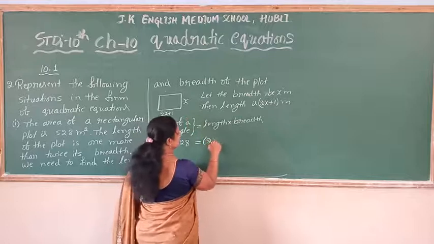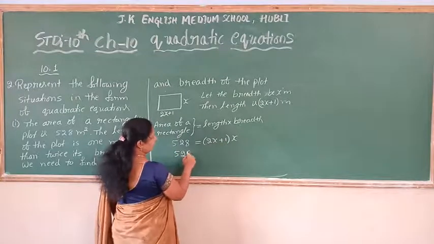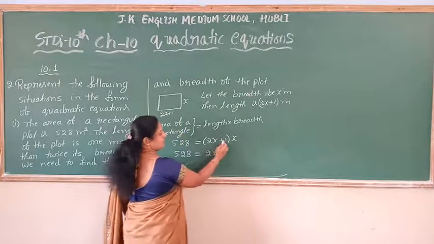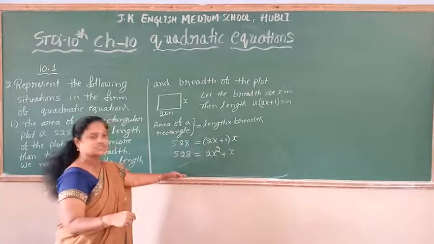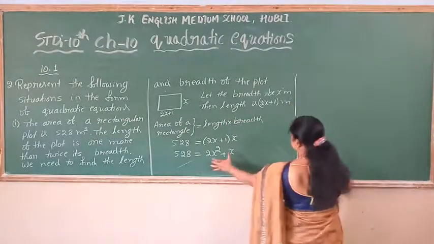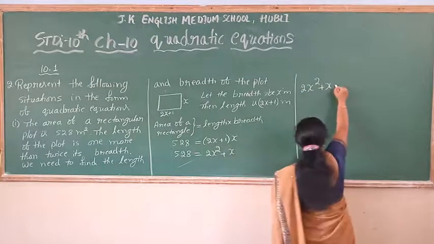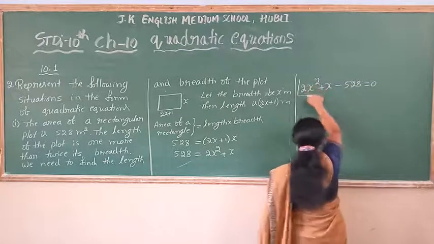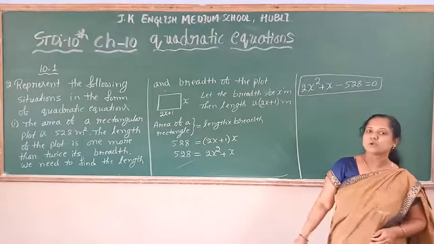Length is 2x plus 1, into the breadth x. Multiplying, 528 is equal to 2x into x, which is 2x square, plus x. The constant you take to this side, so it becomes minus 528.